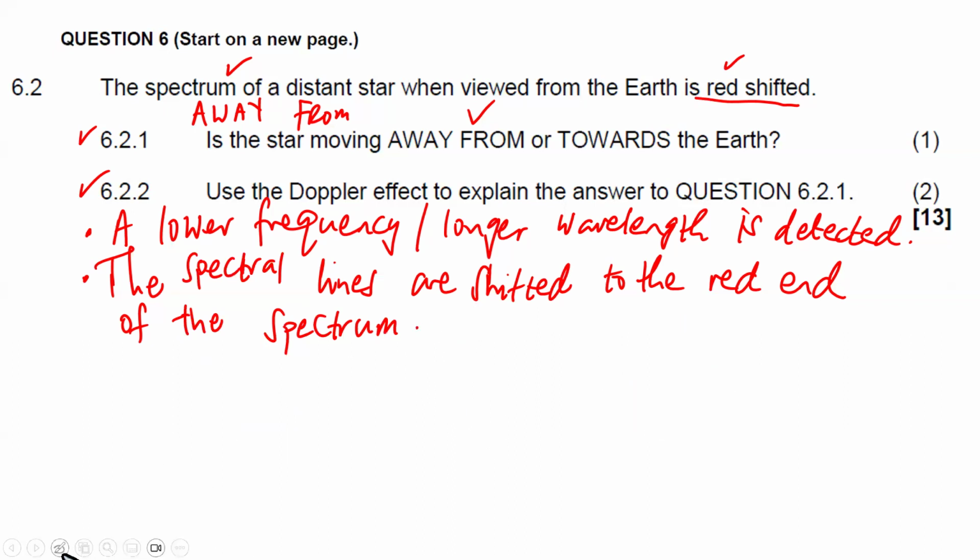If they're shifted to the red end of the spectrum, then a lower frequency or longer wavelength is what is detected. The spectral lines are shifted to the red end of the spectrum because it's redshifted, and red is associated with lower frequency and longer wavelength.